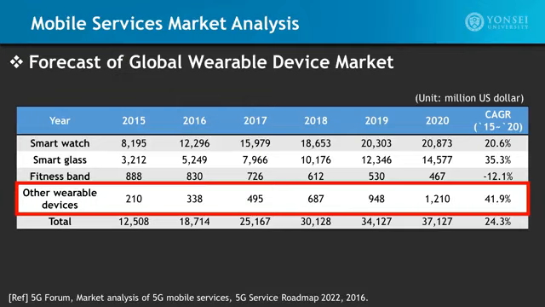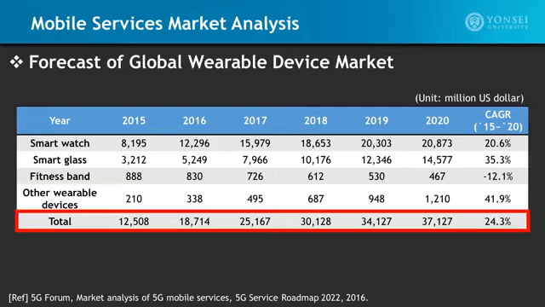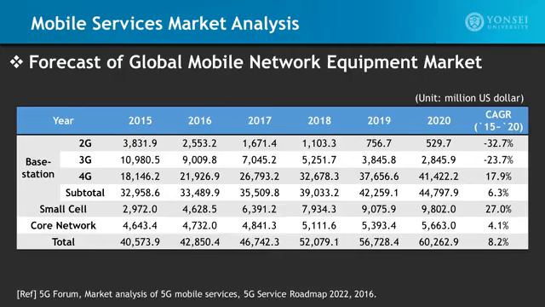And this is why we need to invest our effort into this, so we become the leaders in this area. Overall, for the wearable device market, for smart wearables, the overall combined reaches an expected 24.3% growth rate. This is outstanding and making it very interesting for us.